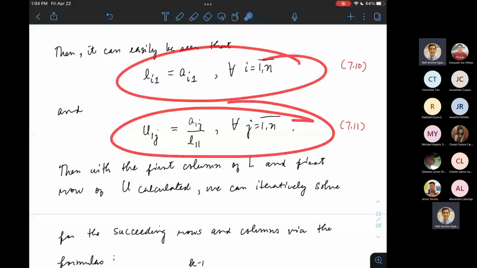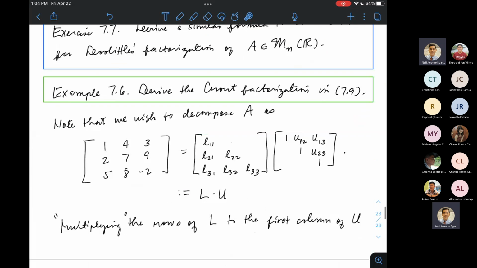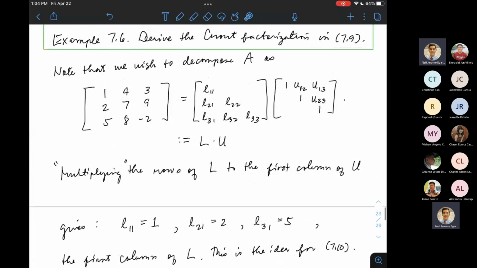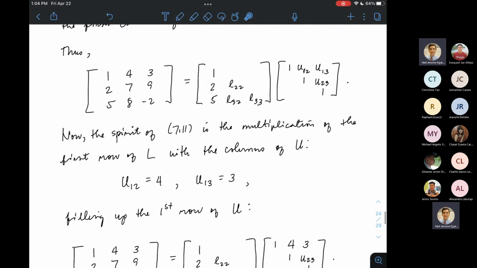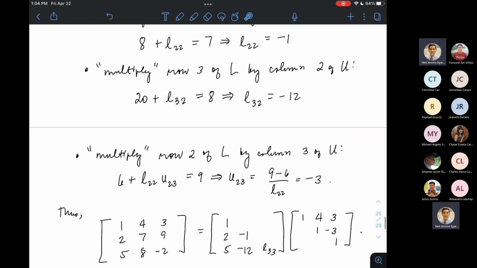Ginawan ko na siya ng algorithm para dun sa Crout factorization. And I guess I also gave you an example over here ng Crout factorization. So everything is here. So pakibasa na lang siya in advance kasi expect na sa problem set 2, ito yung computational part. So I'll give you a 4x4, ipapa-Crout factorization ko siya sa inyo. Okay? Is that good?